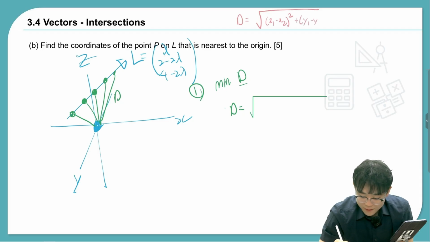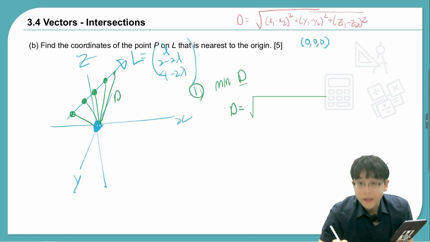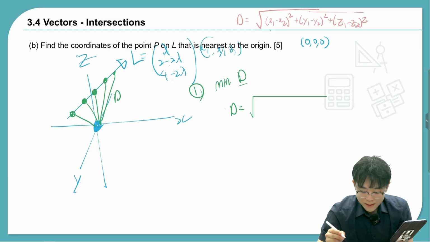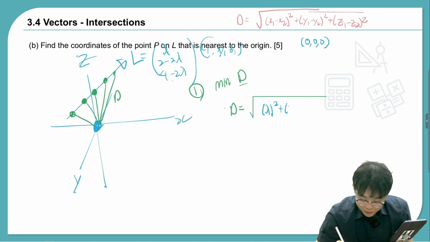So you should be able to find this formula in your formula booklet. So you could say that we have 0, 0, 0. So that's going to be x2, y2, z2. And x1, y1, z1 is going to be like lambda, 2 minus 2 lambda, and 4 minus 2 lambda. So we're just going to do lambda squared plus 2 minus 2 lambda squared plus 4 minus 2 lambda squared.